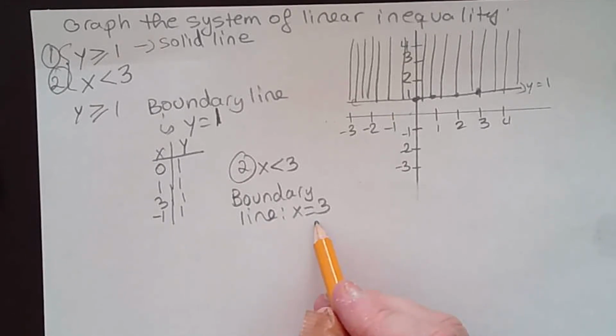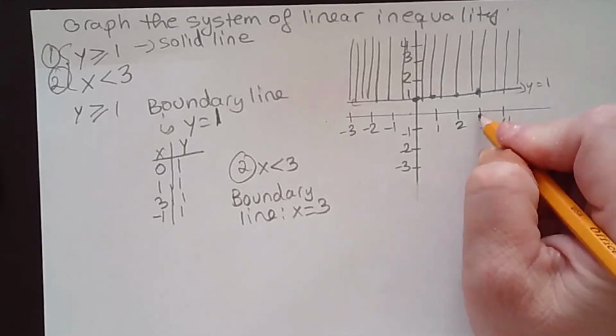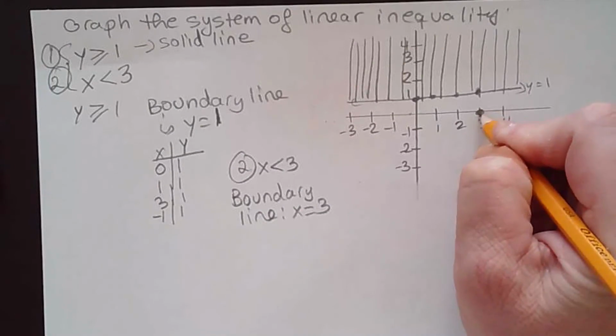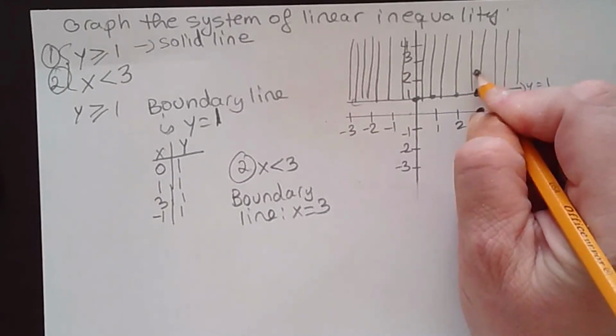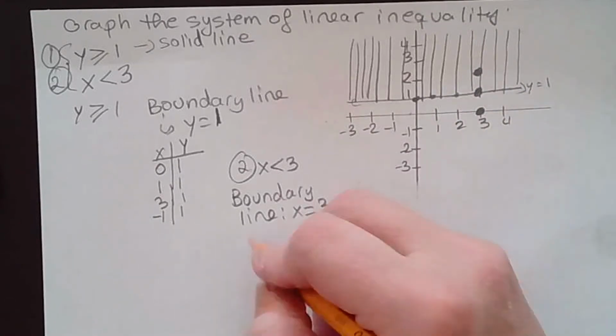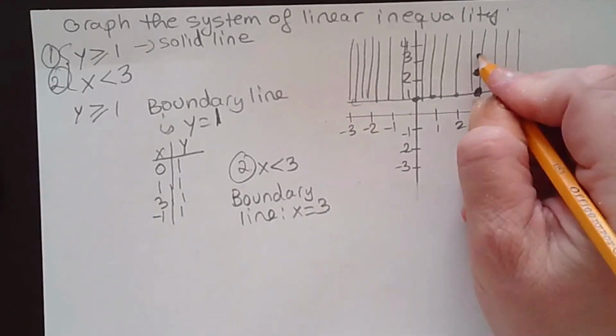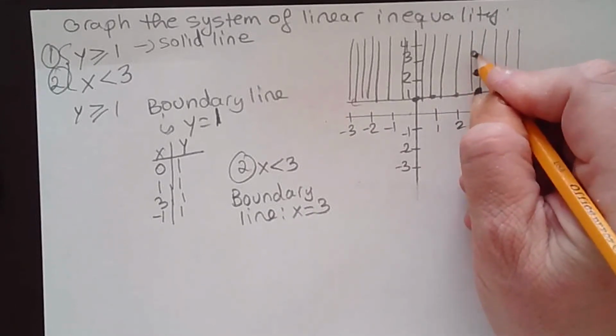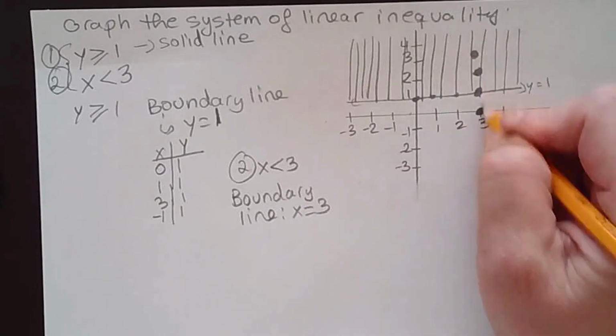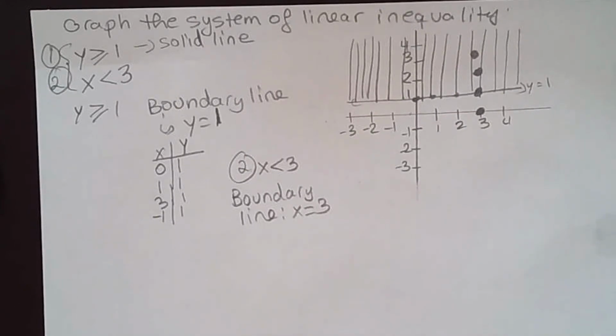So for any value of y, you're always going to have x equal 3. So here you have when y is 0, x equal 3, and when y is 1, x equal 3, and when y is 2, x equal 3, and so on. You may want to plot points here too, so you can see it, but these are points on the boundary line right here. It's going to make up a vertical line.